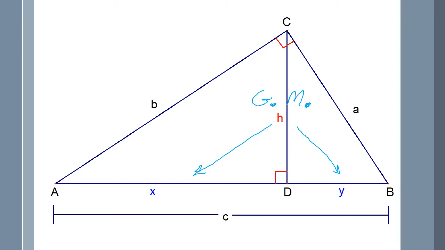That's one way we can memorize this. Y is the geometric mean between these two. A over Y equals Y over C. That's the geometric mean to that side.